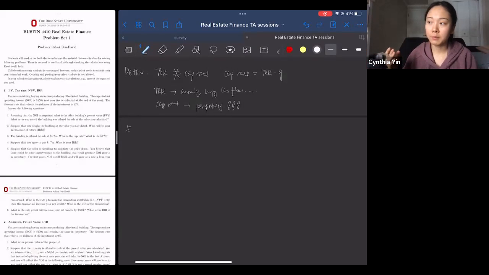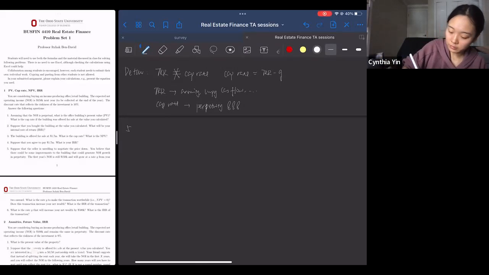It will make your NOI, or the net cash flow, grow in the future, like forever, because we're still assuming perpetuity. Rather than question 1 to 4, here you have a growth, but you don't know what it is. And this is what the question is asking.